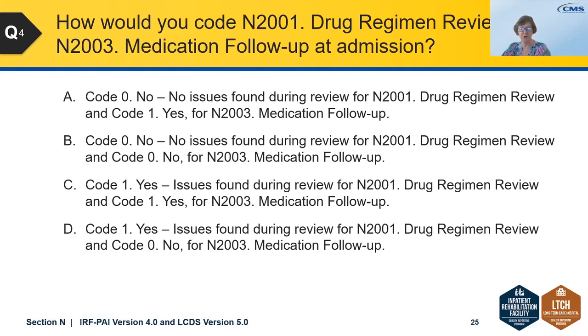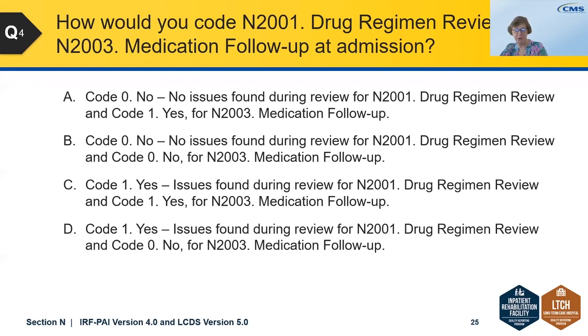Your choices are, A, you would code 0, no issues found during review for N2001, and code 1, yes, for N2003 medication follow-up. Or B, you would code no, issues found during the drug regimen review N2001, and you would code 0, no, for medication follow-up N2003.